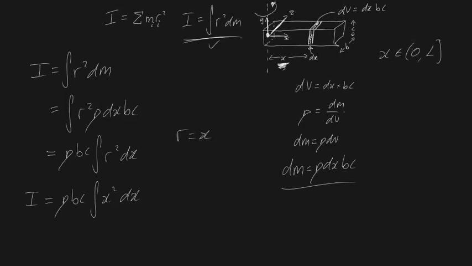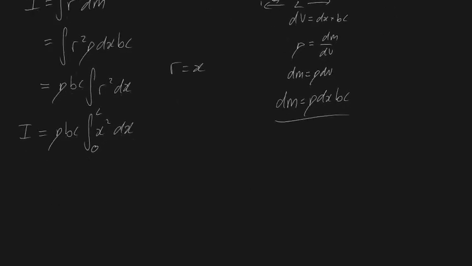Where L is the length of our bar. I should have made that a little bit clearer. L is the length of our bar, just here. So in other words, the range of values that make up our bar is x from 0 to L. So I'm just going to use those limits of integration, 0 to L. Right? I hope that makes sense.